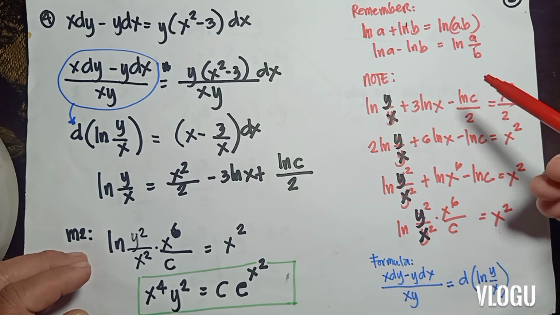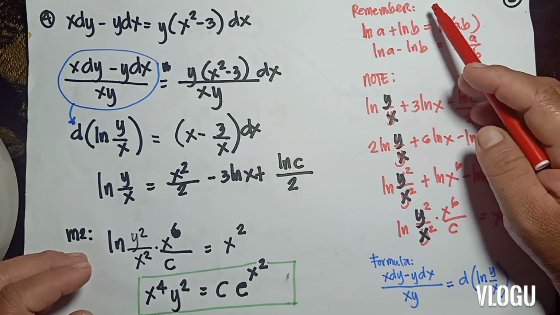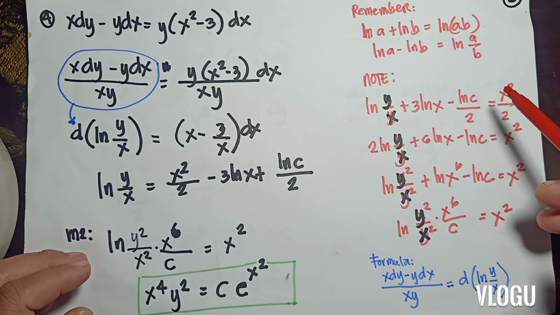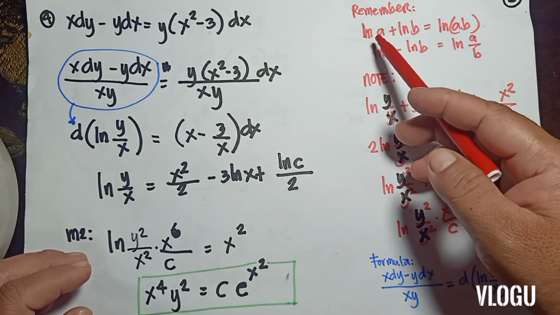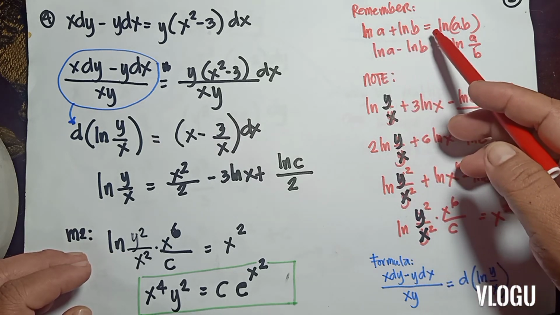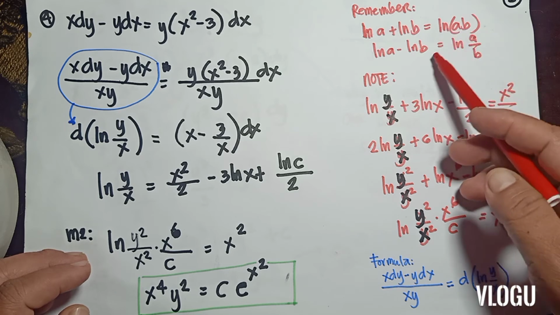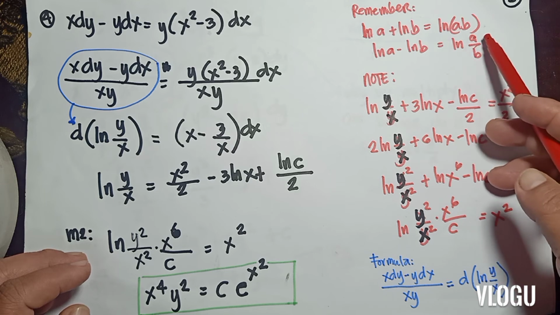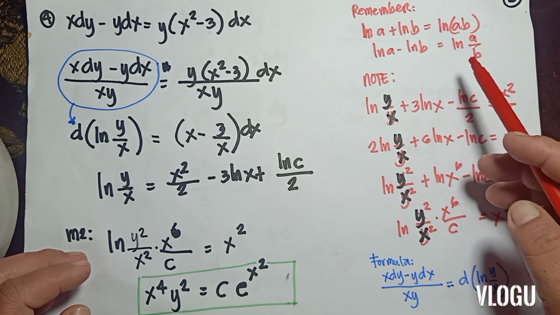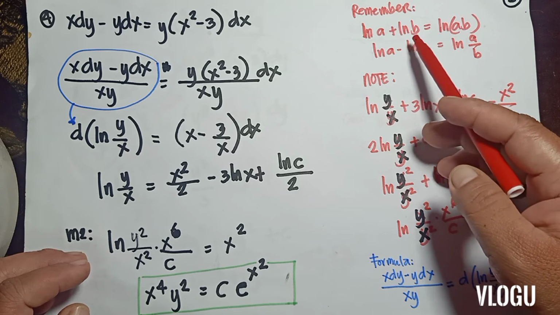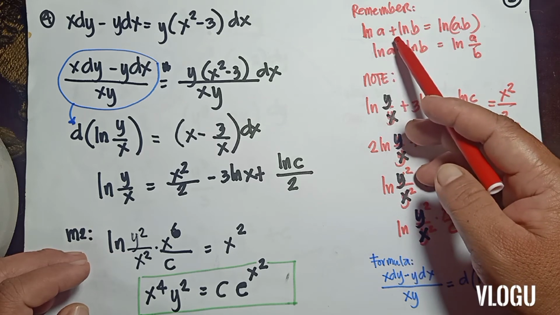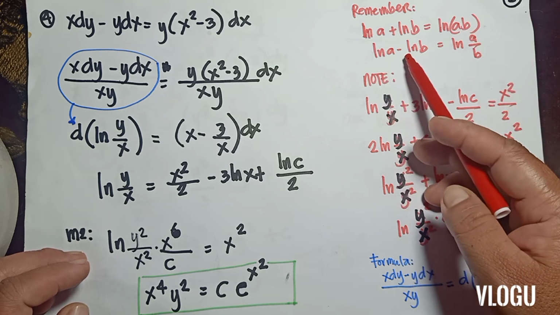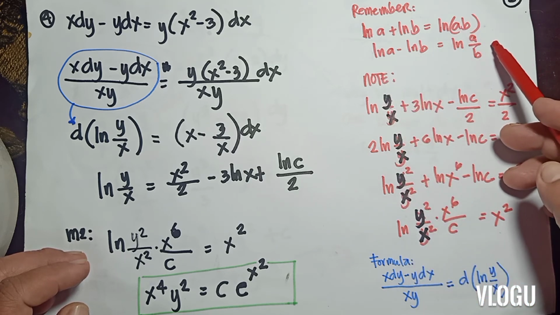So we have here, remember in our algebra, these are the properties that we have used. ln of a plus ln of b is equal to ln of a times b. ln of a minus ln of b is equal to ln a over b. So the property of logarithm is, if you have addition, you proceed to multiplication. If you have subtraction, proceed to division.